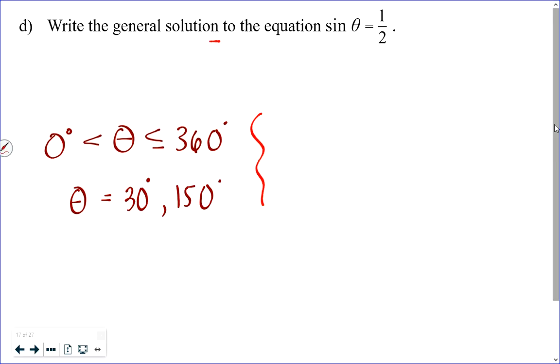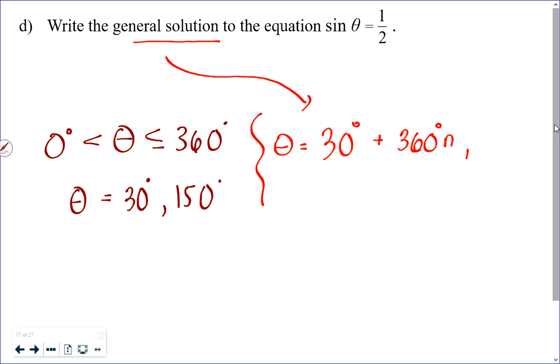The general solution is theta equals 30 degrees plus 360 degrees n, where n is an integer. Will that statement produce 30 degrees as one of the answers? Yes.